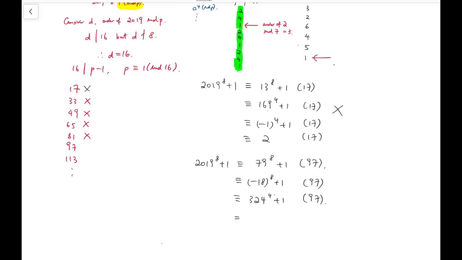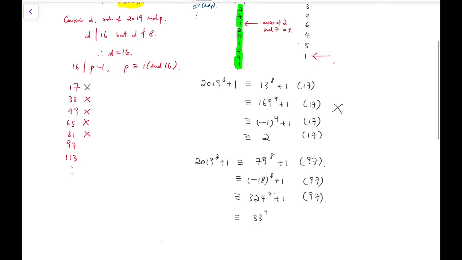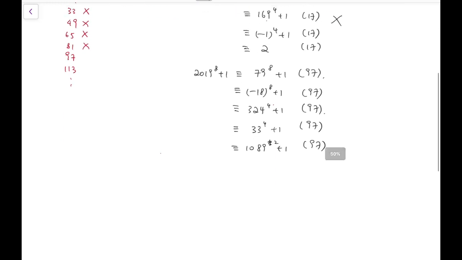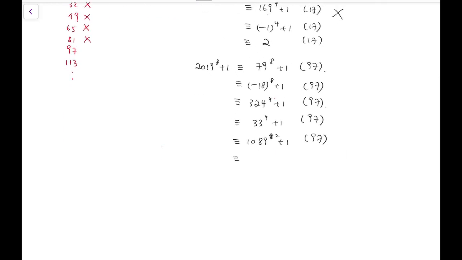Now 324 is 33 mod 97, so we have 33 to the 4 plus 1 mod 97, and 1089 to the power 2 plus 1 mod 97, because 33 squared is 1089, and then I can further reduce it to 22 squared plus 1, and that number is 485 mod 97, and it's actually 0.